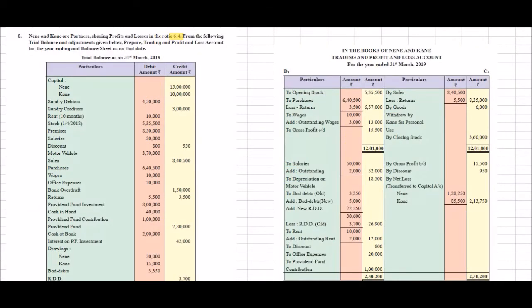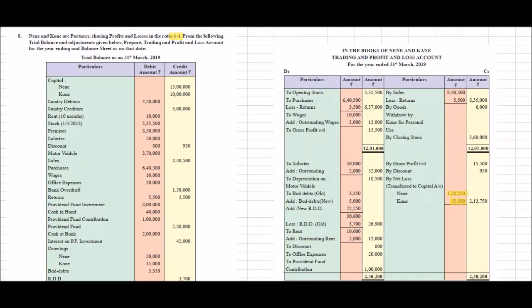So 2,13,750 rupees into 6 divided by 10 gives 1,28,250 rupees for Anna, and for Kane it is 2,13,750 into 4 divided by 10, so he gets 85,500 rupees. This amount will be transferred to the balance sheet.